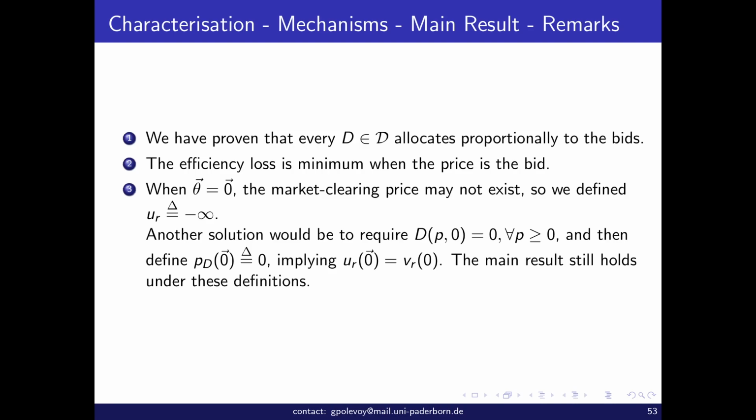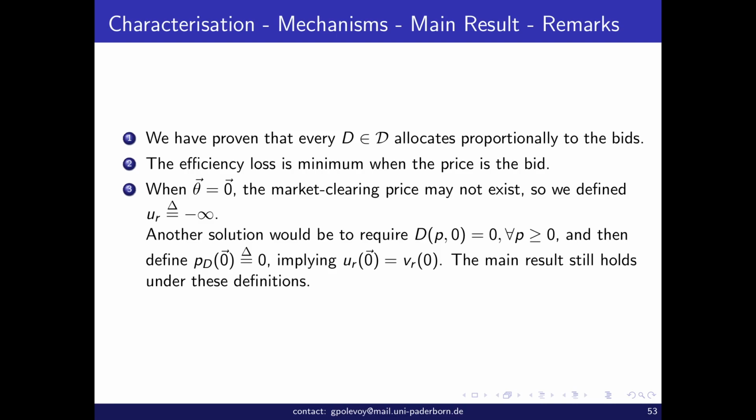This mechanism we call proportional allocation. So it's not the only mechanism with proportional allocation. It's actually unique among those in calligraphic D, not in how it allocates, but rather in what it asks you to pay. But we still call it proportional allocation if you want to name the mechanism.